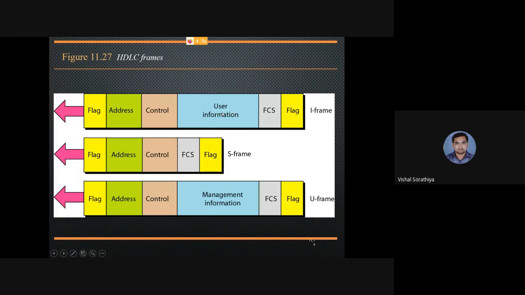User information, you can say it's the actual information. FCS, which is related to the frame check sequence, we can say checksum, which identifies whether there is an error in the frame, whether an error is going to be there in the information or not.